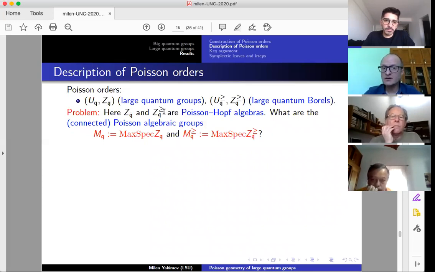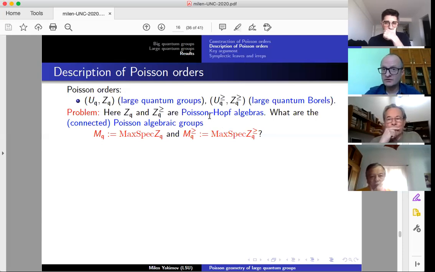The central subalgebras are Hopf algebras, but at the same time they are also Poisson algebras. So then if we look at their maximal spectrum, they are going to be algebraic groups, because these Hopf algebras are automatically integral domains. These gadgets are going to be connected algebraic groups.